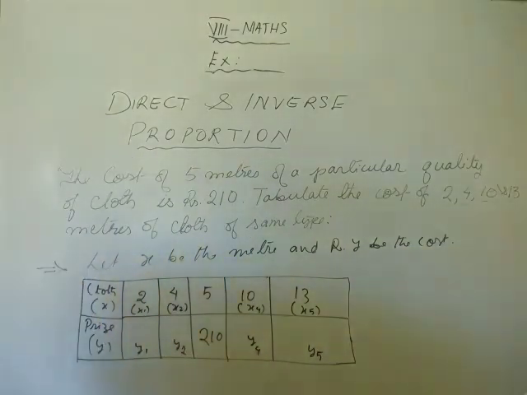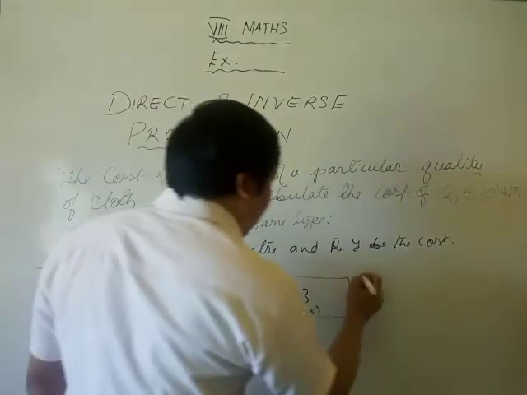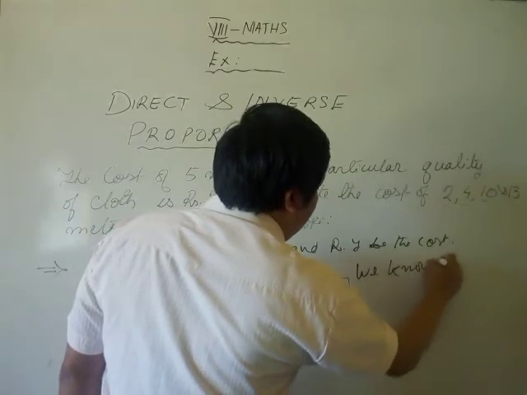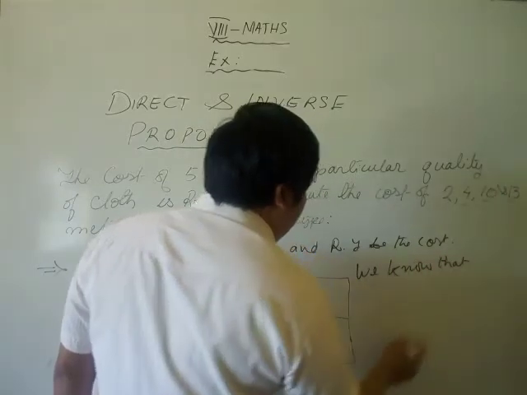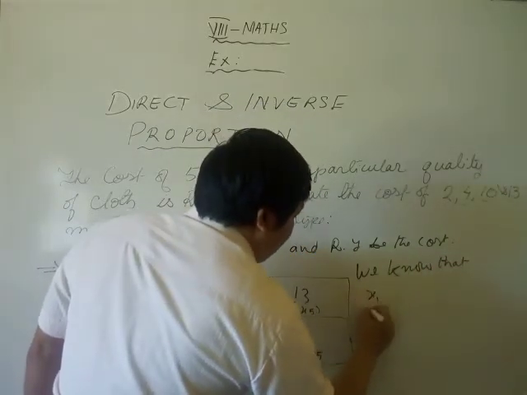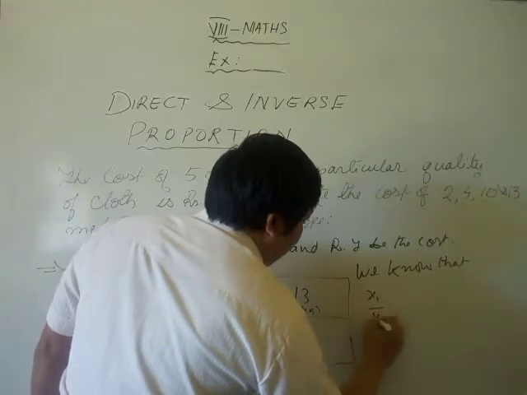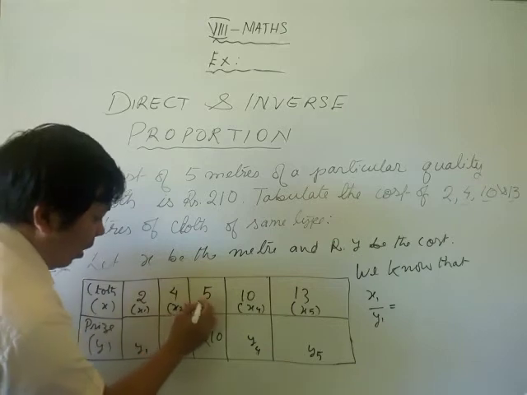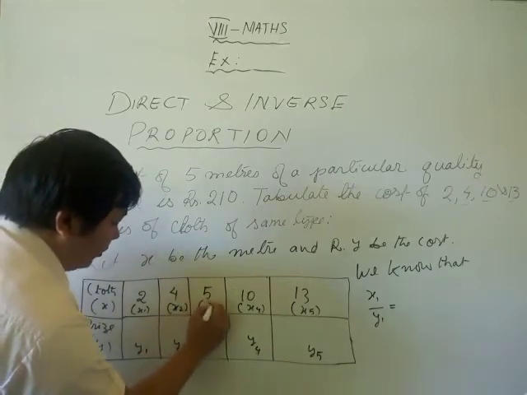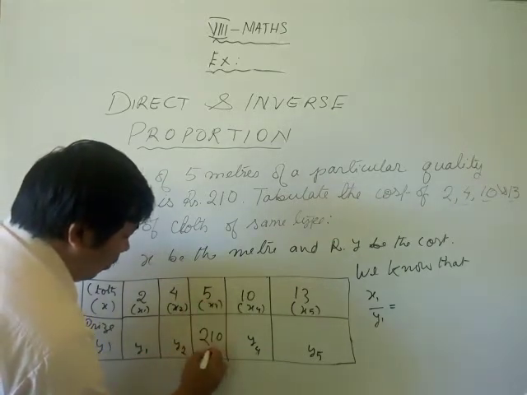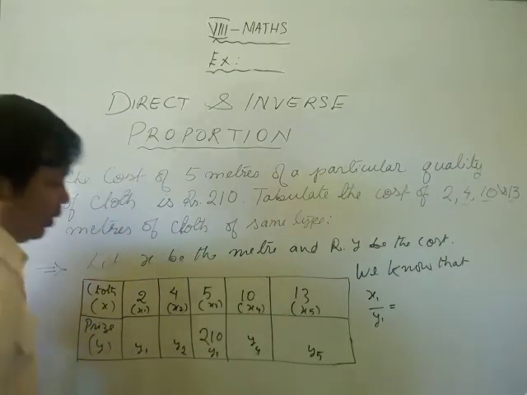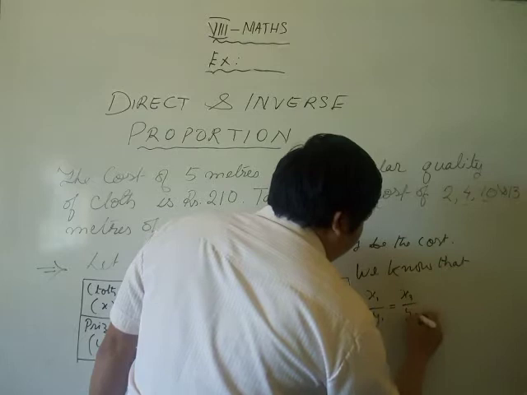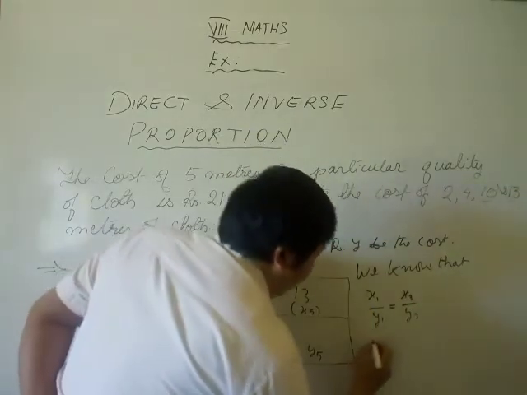To find it out, we know that x1 by y1 equals x3 by y3.